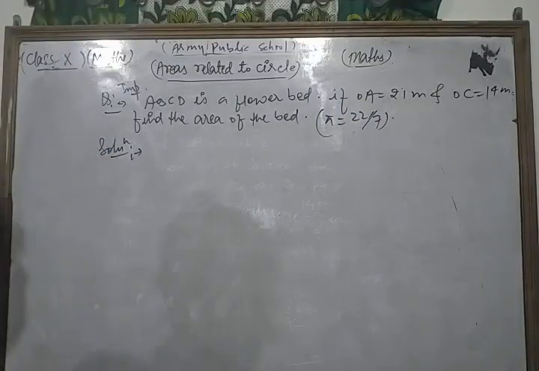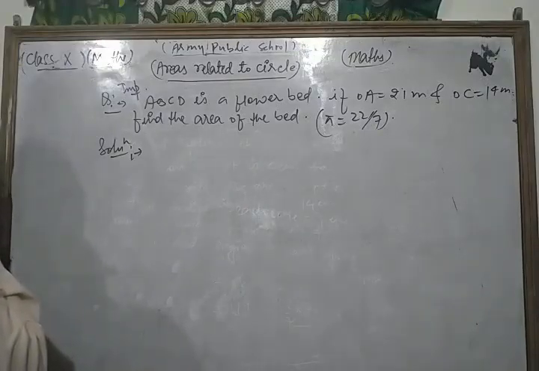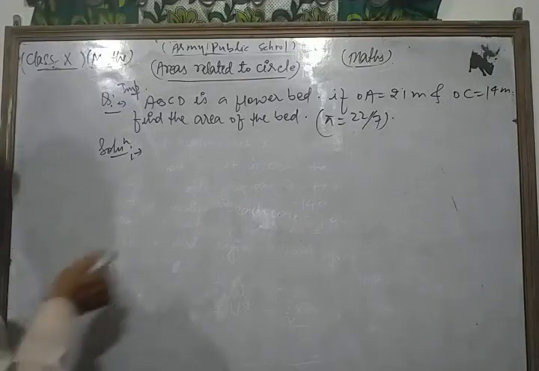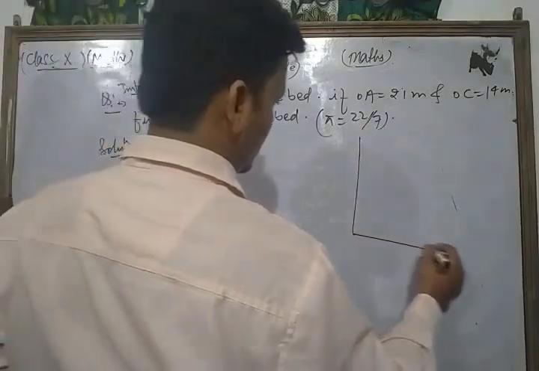Now look at its solution. ABCD is a flower bed, and this is your figure.